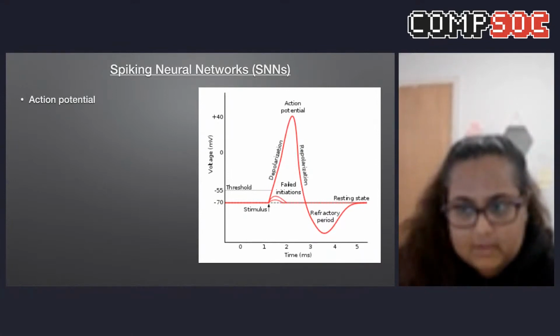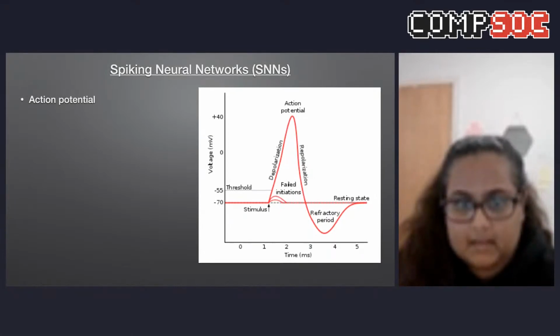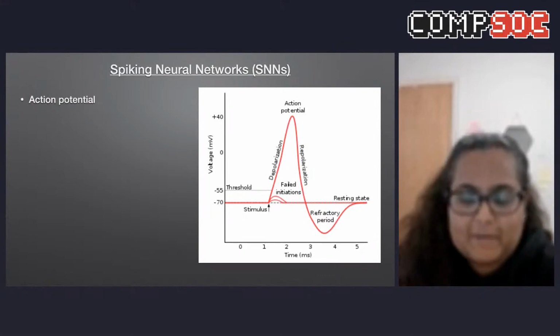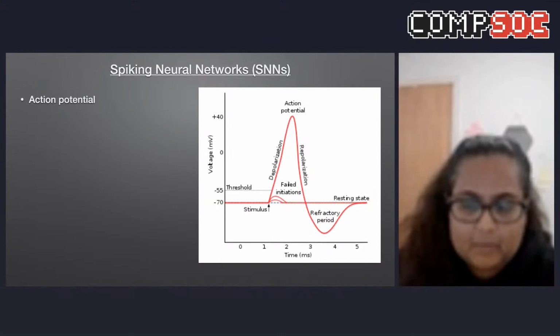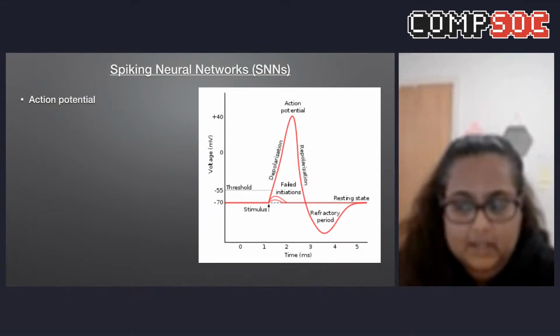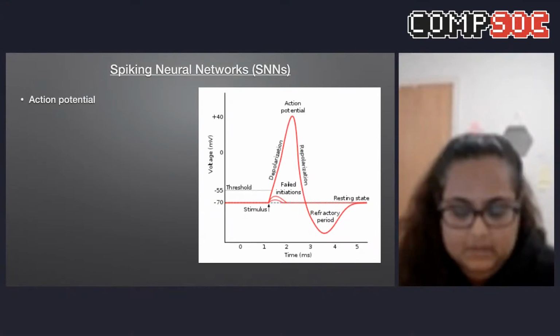So because of this, when it next fires, the time at which the spike peaks depends. The time at which the spike peaks decides when the information contributes to a different calculation and which one it contributes to as well.